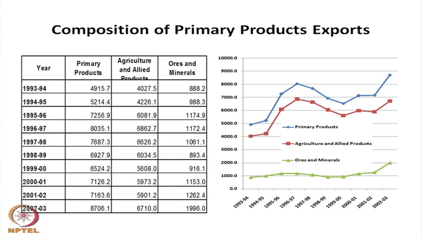The agriculture and allied activity constituted nearly 6,700 million US$ in 2002-3. Out of the primary export of 8,700 million US$, 6,700 million was constituted by agriculture and allied activity, and nearly 2,000 million by the ores and mineral sector. There has been a significant increase in ores and minerals recently, after the 1992-94 economic liberalization and decontrol of the mineral sector.